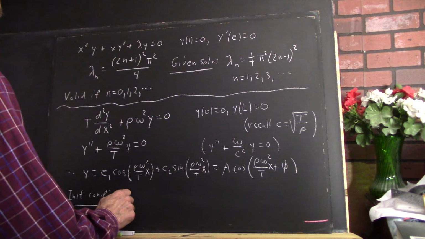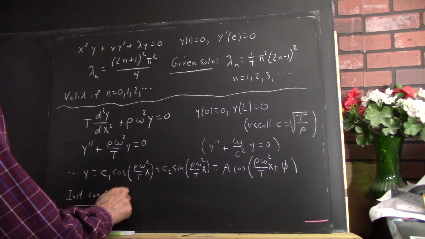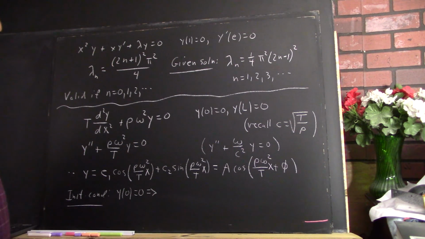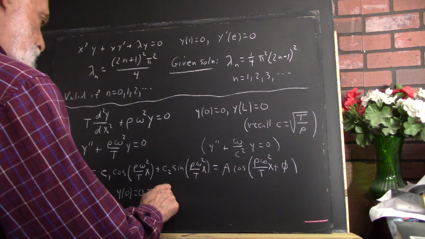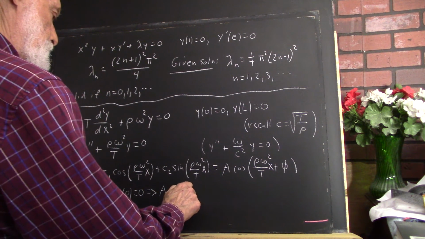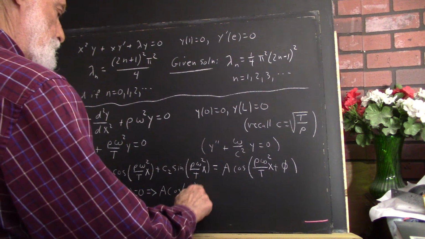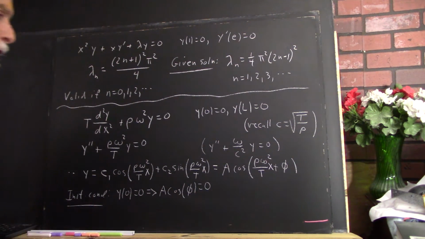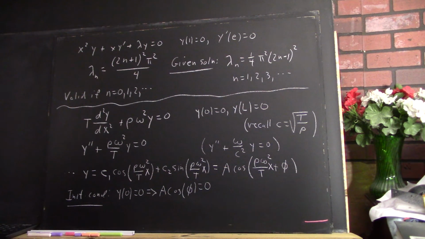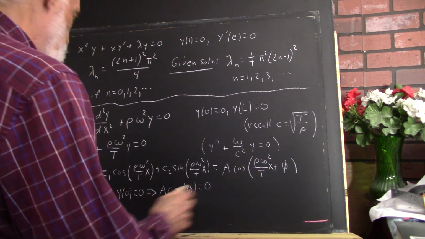So this tells you that, using this notation, a cosine of phi equals 0, using this form of the solution.